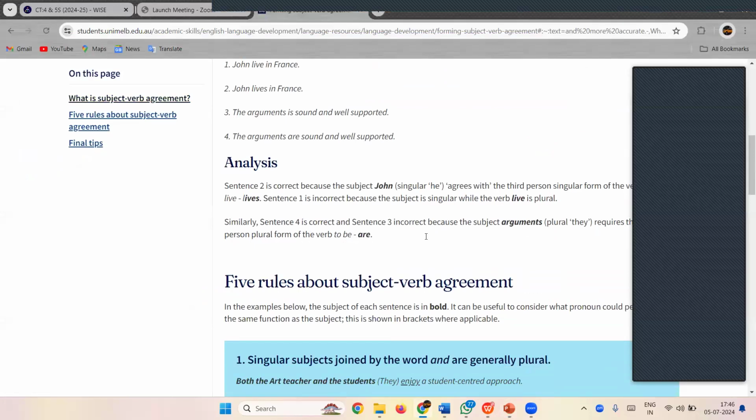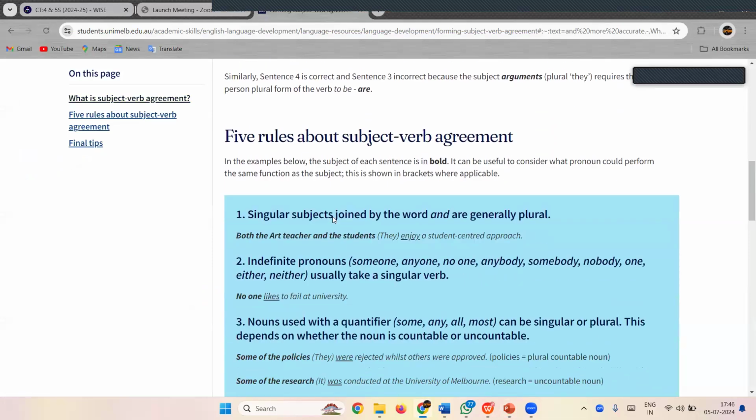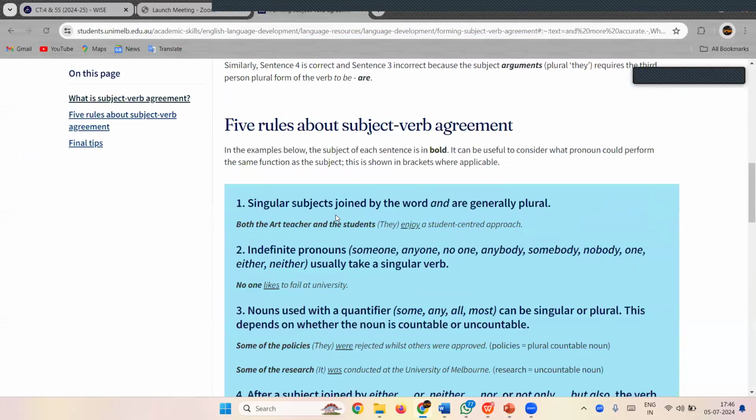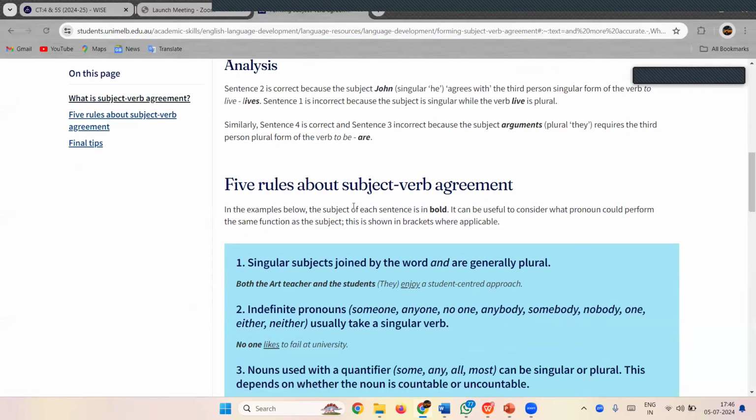Now coming to the five rules about subject-verb agreement. You have to follow these rules in each and every line. When you follow them, mostly you can avoid grammatical errors. This chapter is very important from both a writing and speaking point of view.